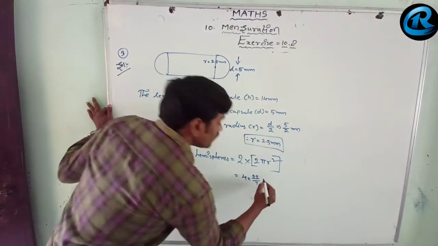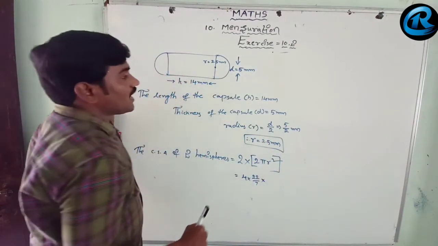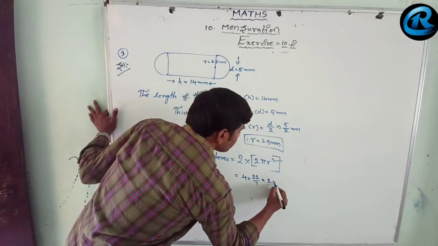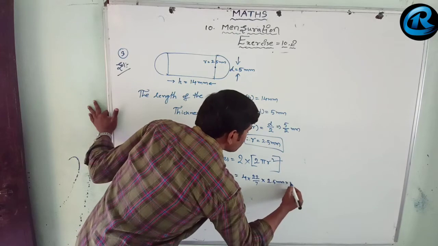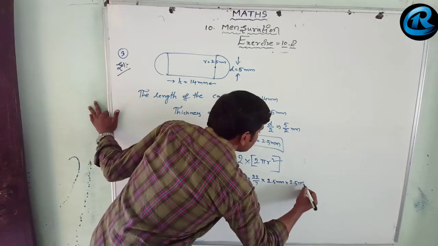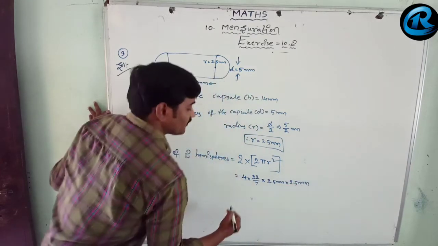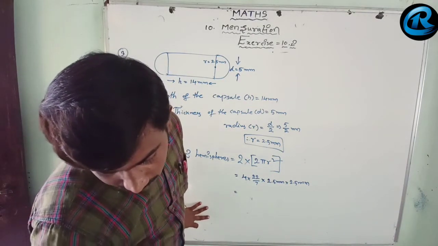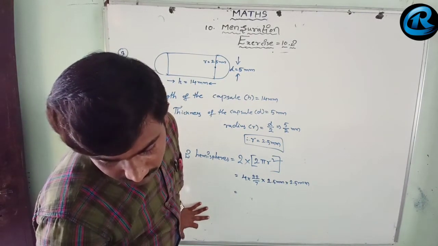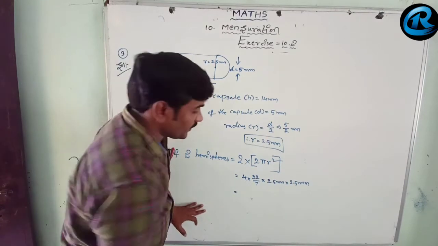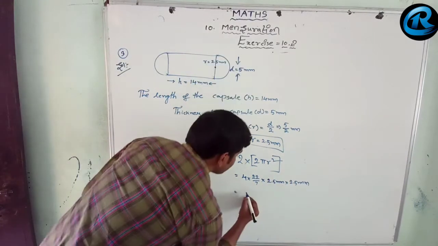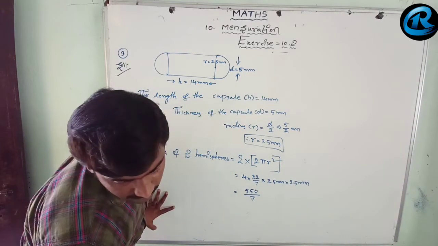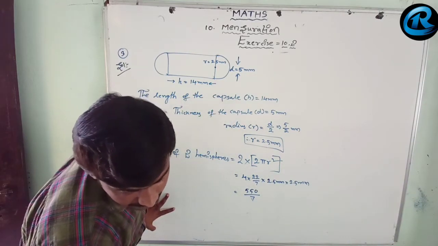No. So R value we have to take here 5 by 2 or 2.5 millimeters into 2.5 millimeters. By simplifying this all, children, you get 550 by 7 millimeters square.